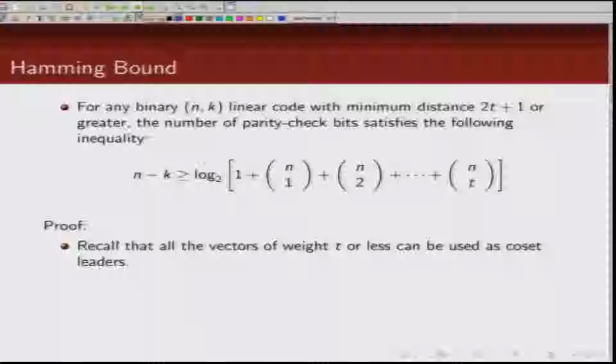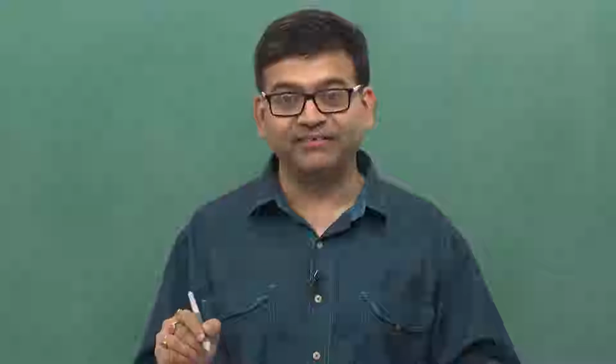If we are interested in a linear block code whose minimum distance is at least 2t plus 1, we know from the property of linear block codes that this code can correct t errors. Now, if we look at our syndrome decoding, recall that if we want to correct t errors, all error patterns of weight up to t should be the coset leaders.